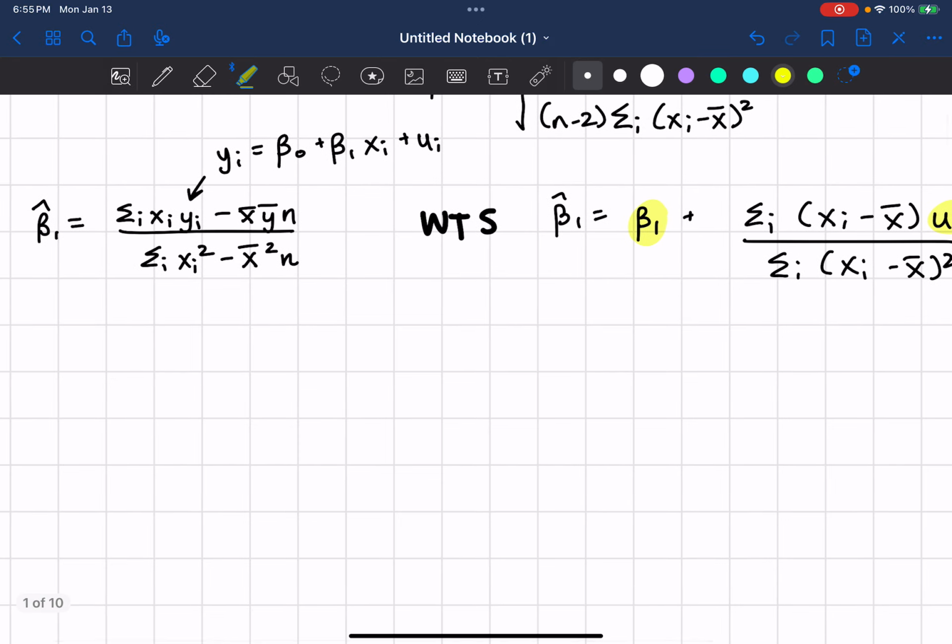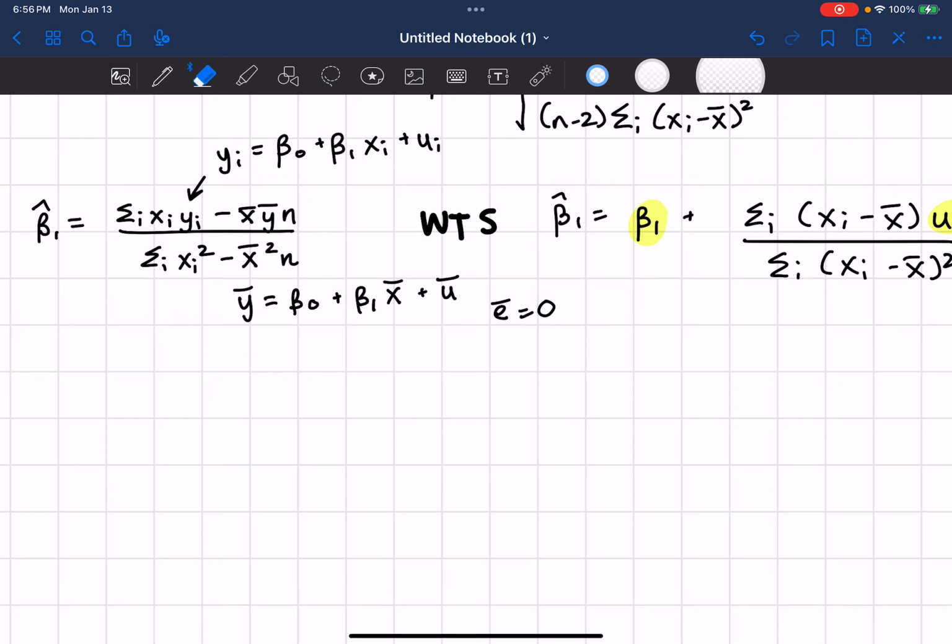And another thing I'm going to use is y bar. I'm just going to take the average of this. The average of beta naught is beta naught, it's a constant, plus beta 1, the average of beta 1 is a constant, and then the average of xi is x bar, average of ui is u bar. And of course, e bar is 0, but u bar is not necessarily 0.